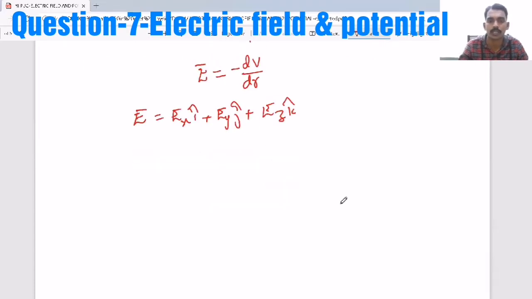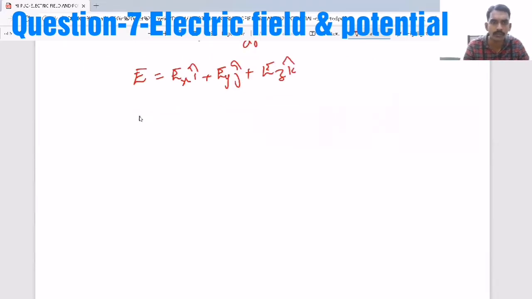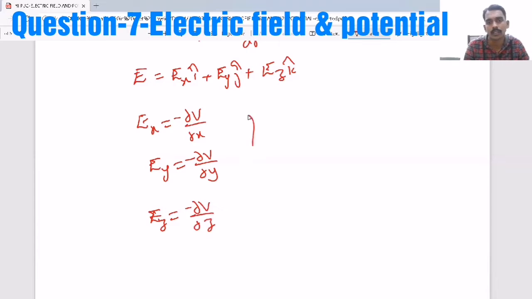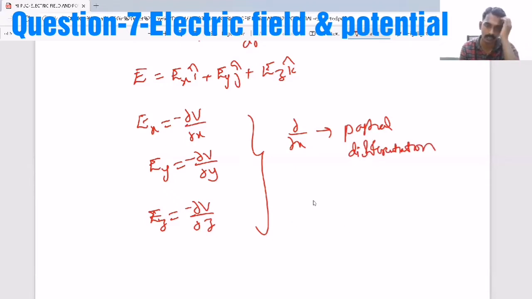Three components will be there. And the components are found as Ex equals minus dou V by dou X, Ey equals minus dou V by dou Y, and Ez equals minus dou V by dou Z. In all the cases, dou by dou X, dou by dou Y or dou by dou Z means partial differentiation.